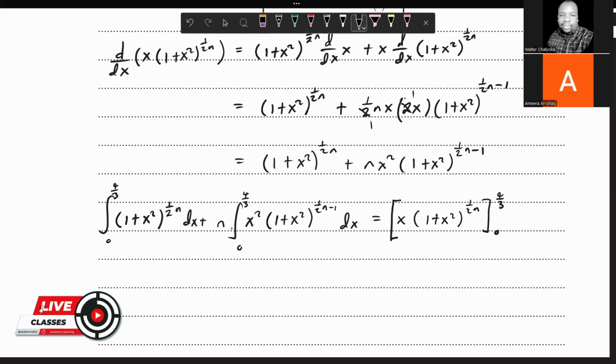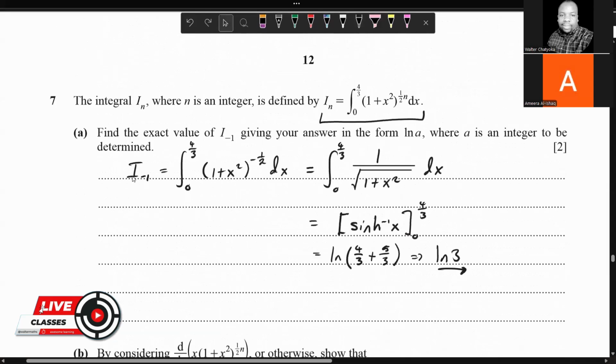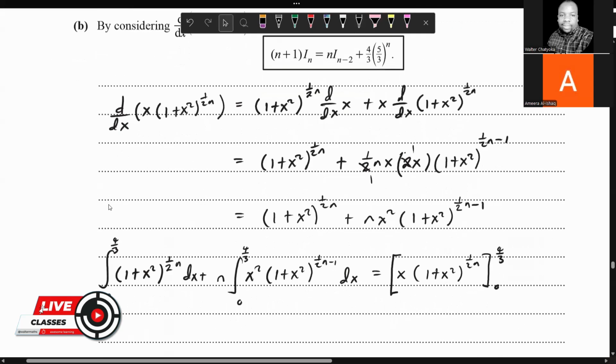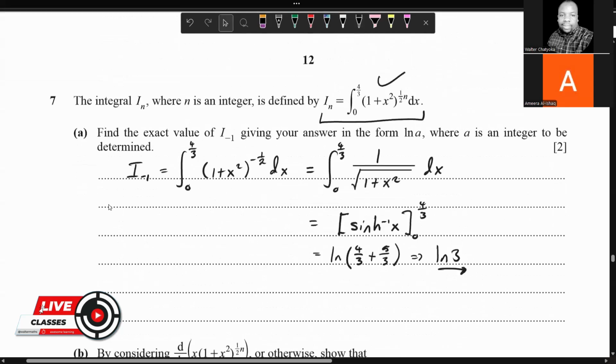And on the right side, whatever we get should be 0, 4 over 3. Okay. Now, for this thing here, we can say that it is actually in the same form as I sub n. Can we say that? Yeah.